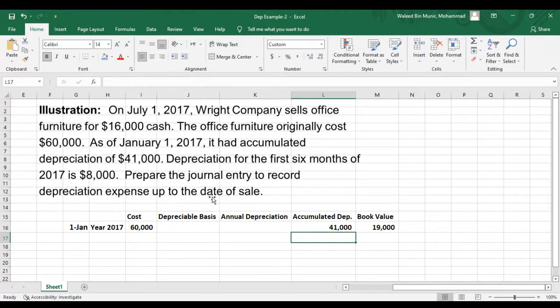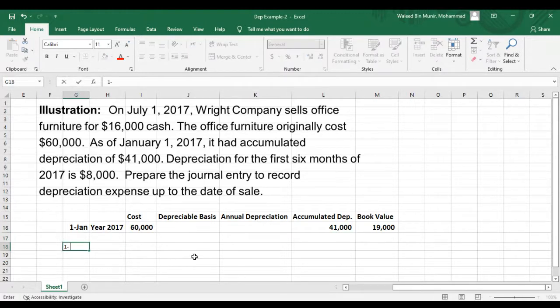Now when are we going to sell this asset? What is the date? On July 1, 2017, you sell it. So we are selling it on the 1st of July, of the same year.